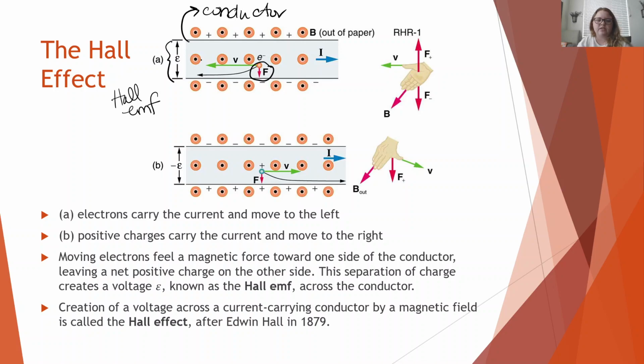We've seen something very similar to this in our discussion of conductors with electric fields, okay? And we'll have something very similar over here. We have a positive charge, and there'll be a buildup of the positive charges on one side of the conductor, and therefore we get some Hall EMF.